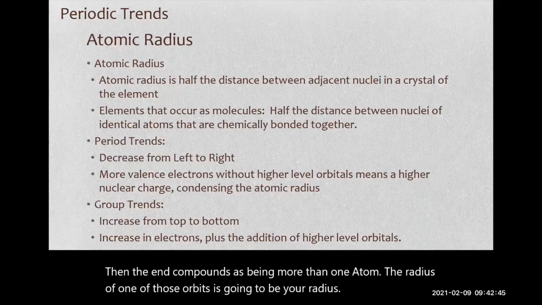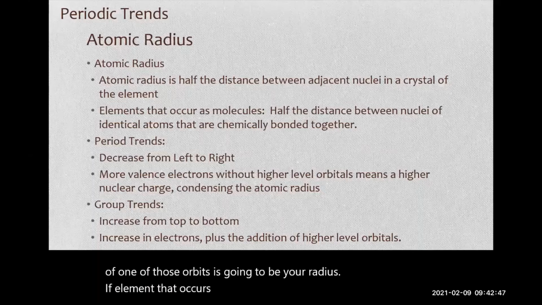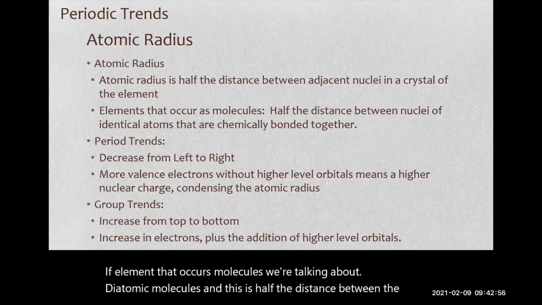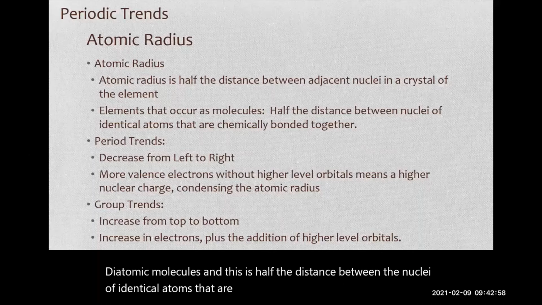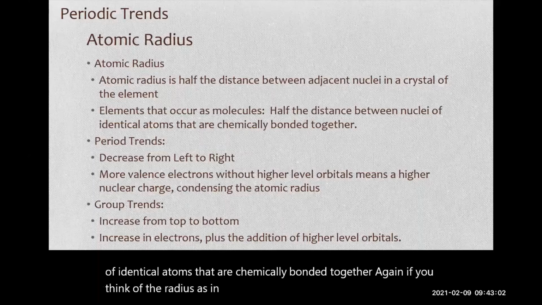For elements that occur as molecules, we're talking about diatomic molecules, and this is half the distance between the nuclei of identical atoms that are chemically bonded together. Again, if you think of the radius as being a circle, the atomic radius is basically the radius of an element.